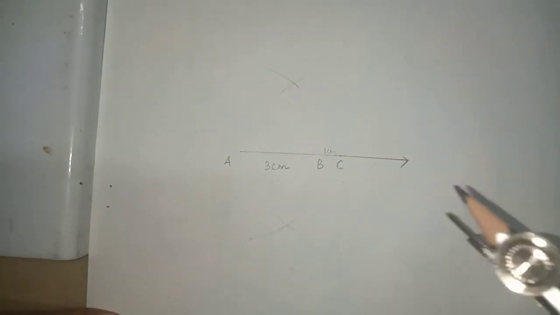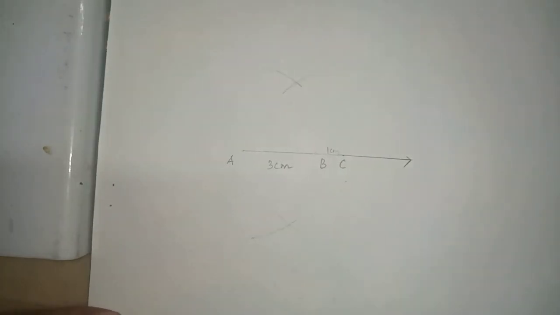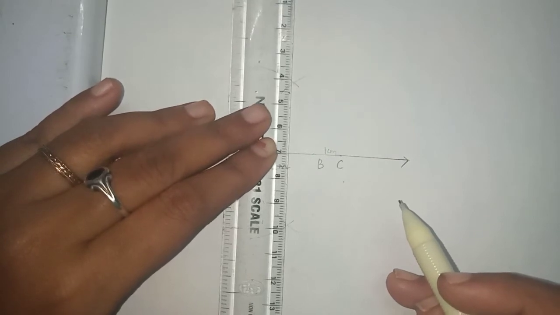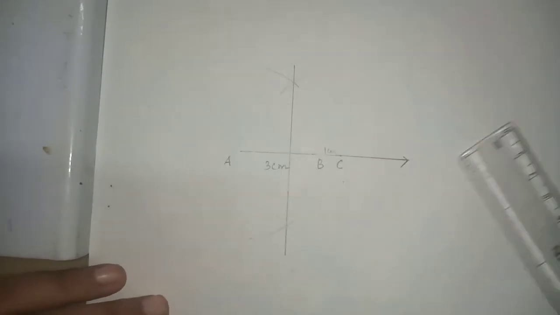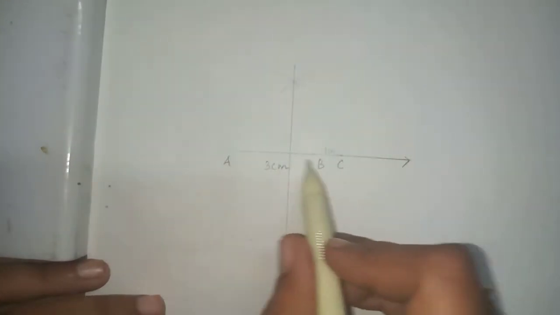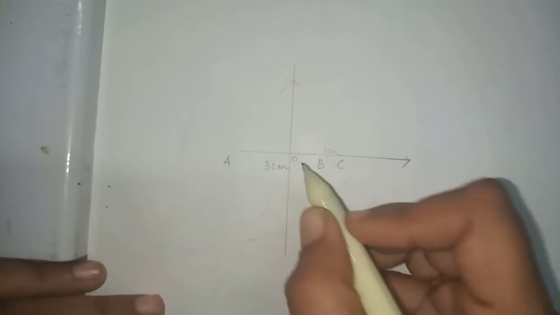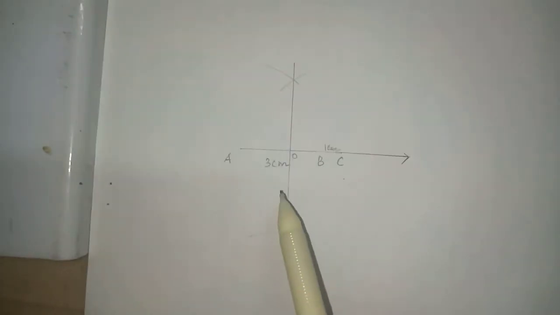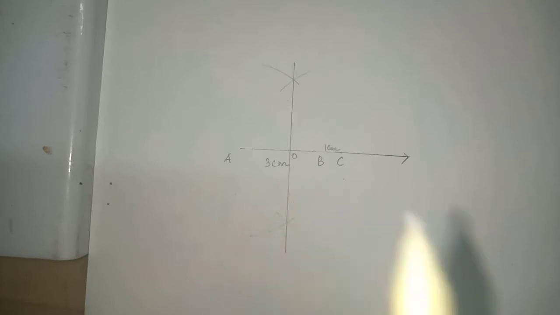You can see it clearly, the arcs should cut each other. Then you should join the line. So now you get a perpendicular bisector. It bisects the line and mark the midpoint as O. Now we get a perpendicular bisector and mark the midpoint as O.